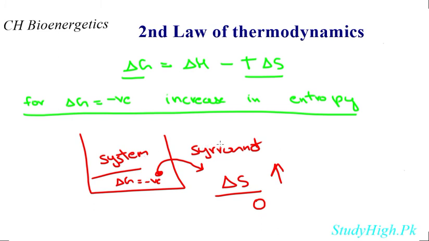Entropy will help you determine whether a reaction is spontaneous or not. If this reaction is endergonic and requires some heat, the heat will be provided by the surrounding and the entropy of the surrounding will be negative. So this is the relation of entropy with the Gibbs free energy of biochemical reactions.